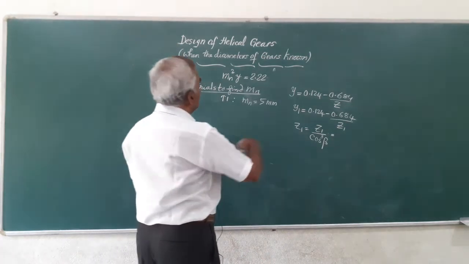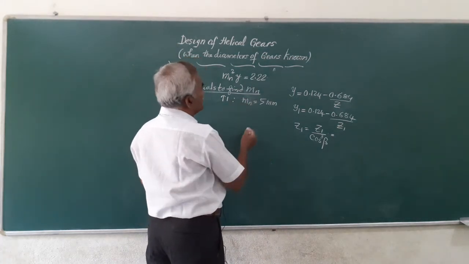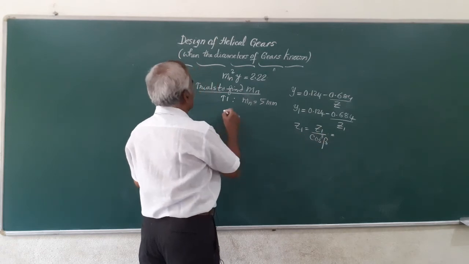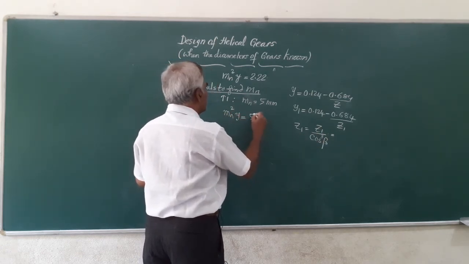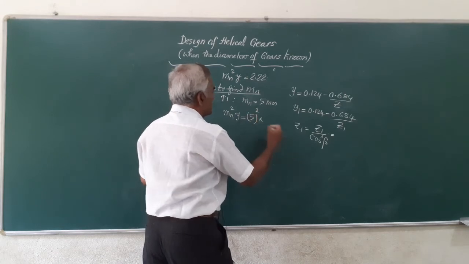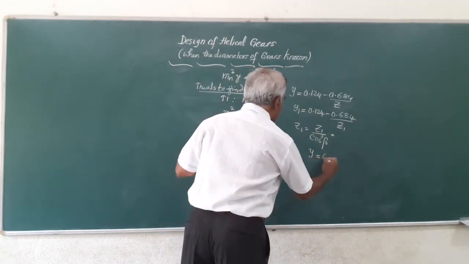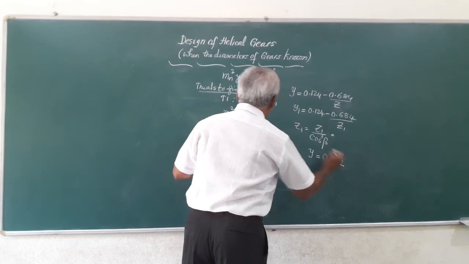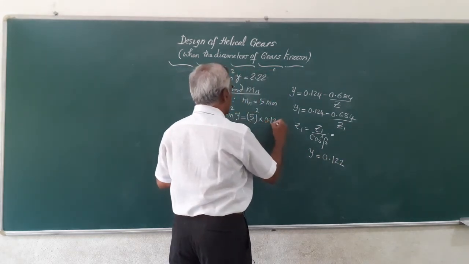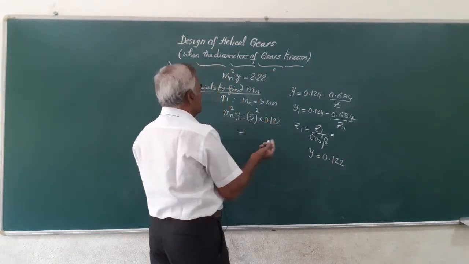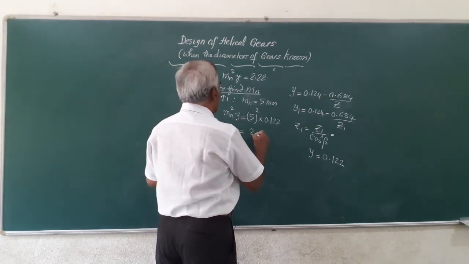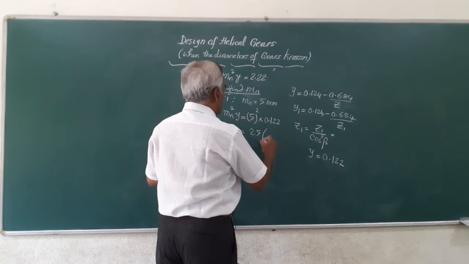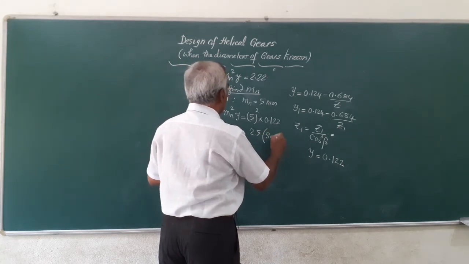So friends, you make trial, and after substitution, say you get a value and say mn square y is equal to 5 square into y. Say y you are getting as 0.122. Just assume that you are going to get this value as 2.5. Say I am getting 2.5.